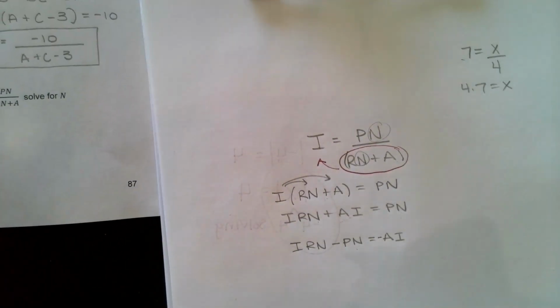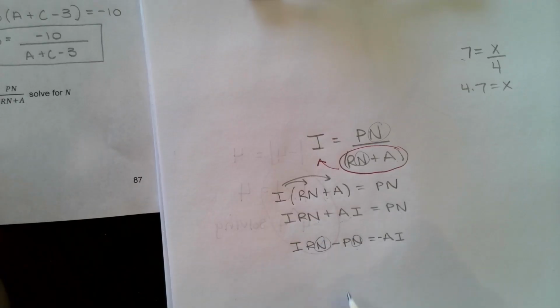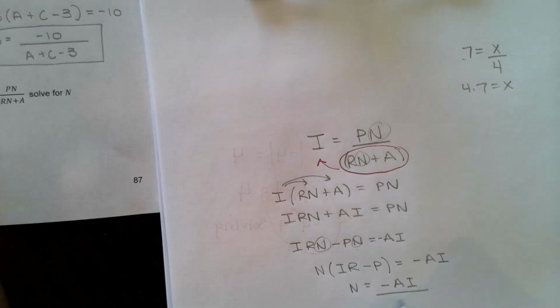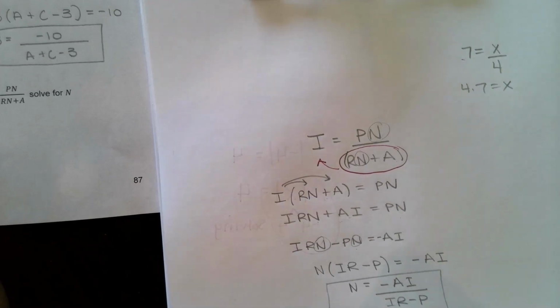Okay? And now my n's are on the same side, so I'm going to factor out an n. n times IR minus P equals negative AI. I can divide at this point. That is my final answer.